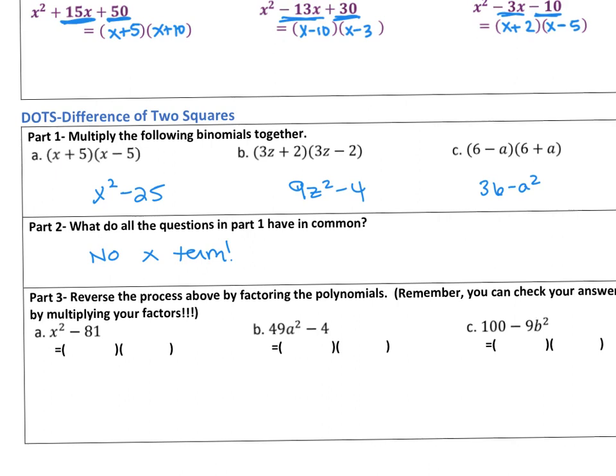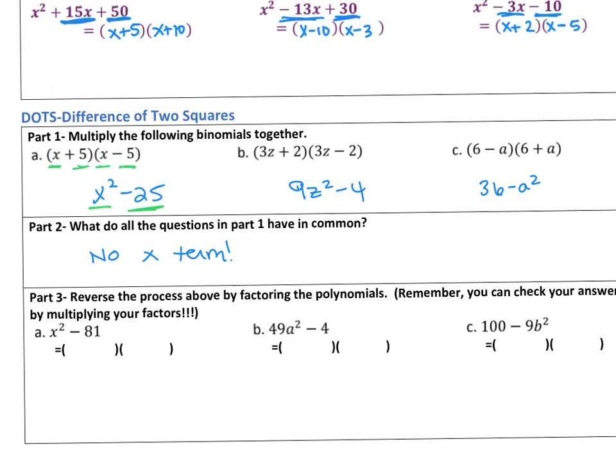This is x, and I got x squared. This is 5, -5, and I got -25. The only reason I can do that is because you'll notice that the binomial factors are exactly the same. Only one has a plus in between the two values and one has a minus.